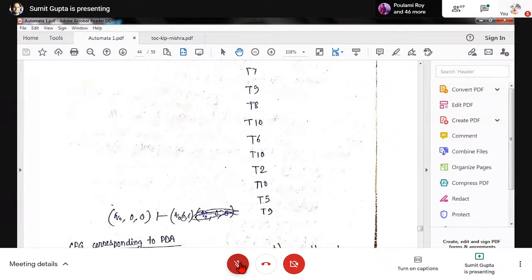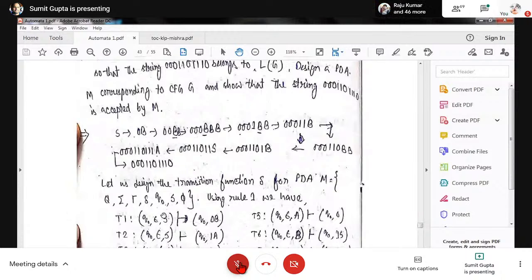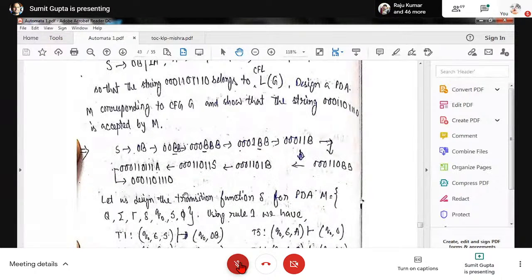This question had multiple things to do. First, there's a grammar given to us, a context-free grammar with 4 tuples, and a particular string has been given. We have to first see whether that particular string belongs to the grammar or not. That we had done using the left derivation process. In the end, we are getting the complete string done. That means it is accepted.